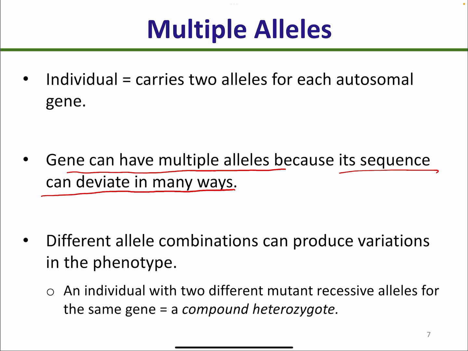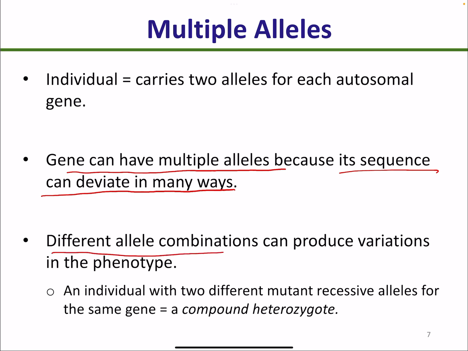You have some friends, you have some cousins, you have people you just got acquainted with. You all have the same genes, but different alleles based on your genetic history, so that a particular gene is going to have multiple forms of alleles in a population.